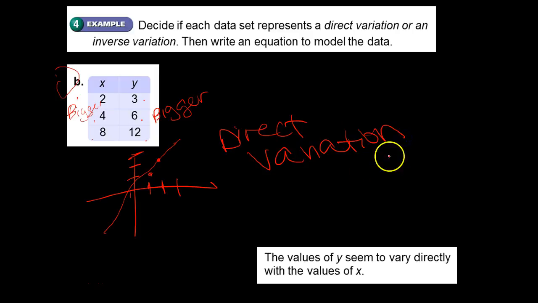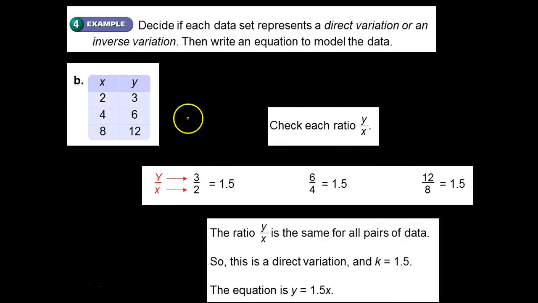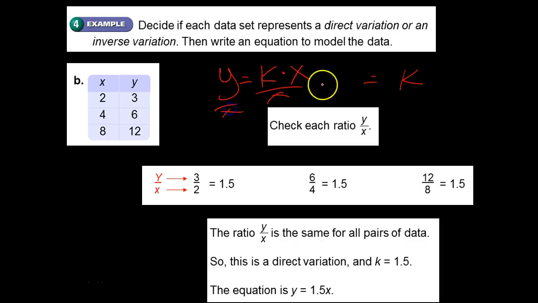So let's take a closer look. Plug it in. I know my direct variation is y equals k times x. To find k, you divide by x. Y divided by x equals your k.